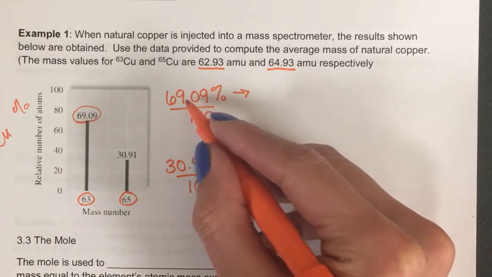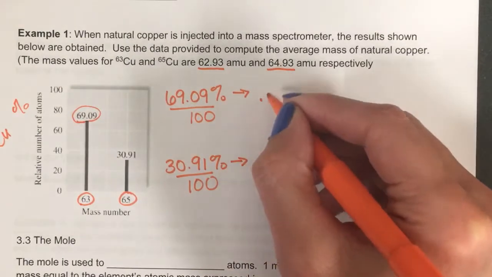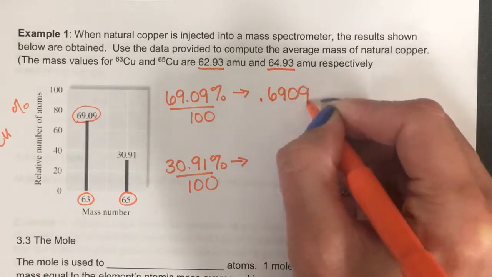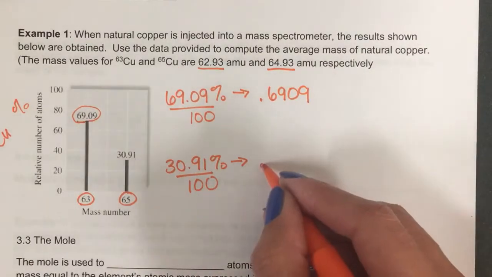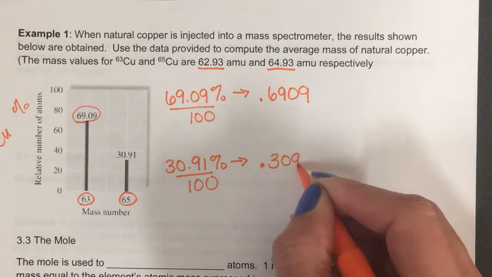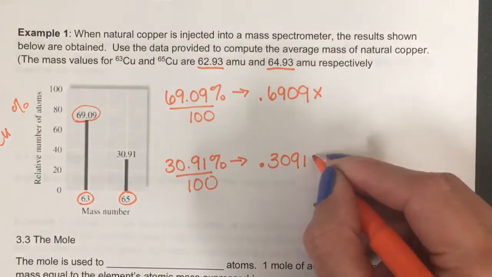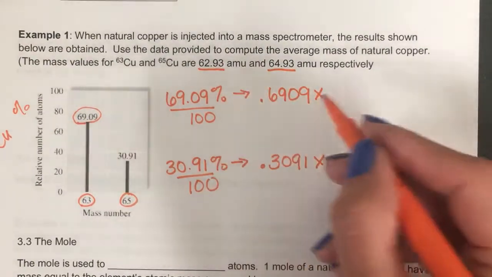So instead of having 69.09, I'm going to have 0.6909. Same thing here. This becomes 0.3091. I'm going to take those numbers and multiply them by their respective masses.